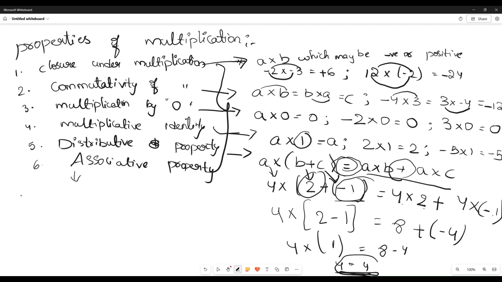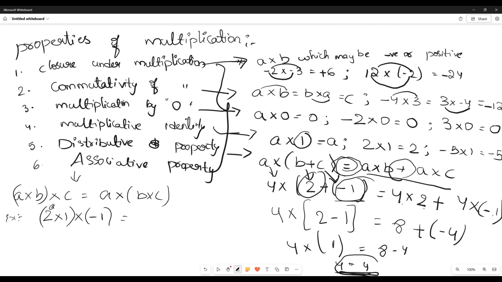Let's learn associative property. Associative property is nothing but A into B into C equals A into B into C, grouped differently. Let's see an example. 2 into 1 into minus 1. What is the value of A here?